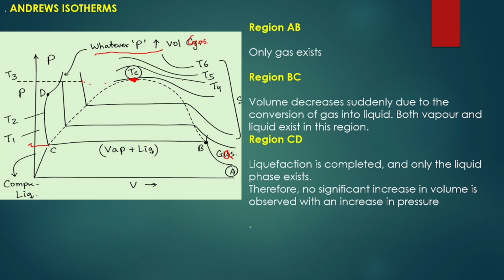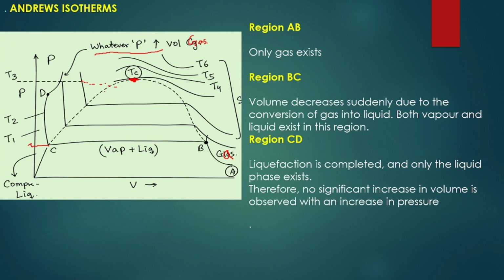A liquid state won't be possible. At T1 it is possible, T2 is possible, and T3 is also slightly possible. But beyond that, between T3 and T4 we have TC. Above the TC, whatever the pressure we apply, gas cannot be liquefied. Below the TC, yes, gas can be liquefied according to the particular pressures. That is the concept behind this.